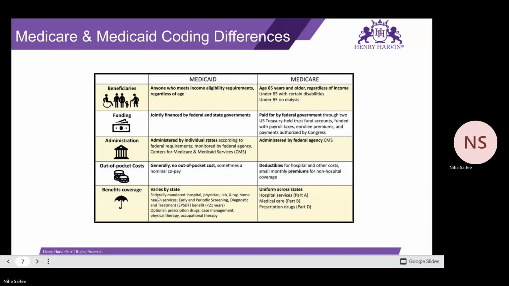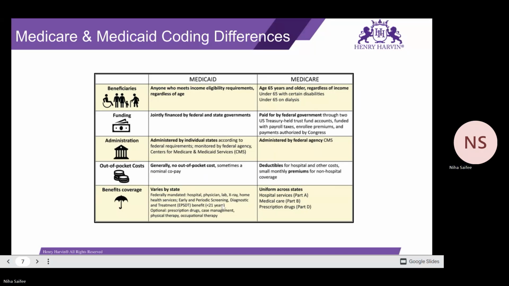But it is obviously federally mandated. Before they bring about any rules and regulations, they have to get approval from the federal government, because even though the state is monitoring and regulating, it is still under the control of the federal government.